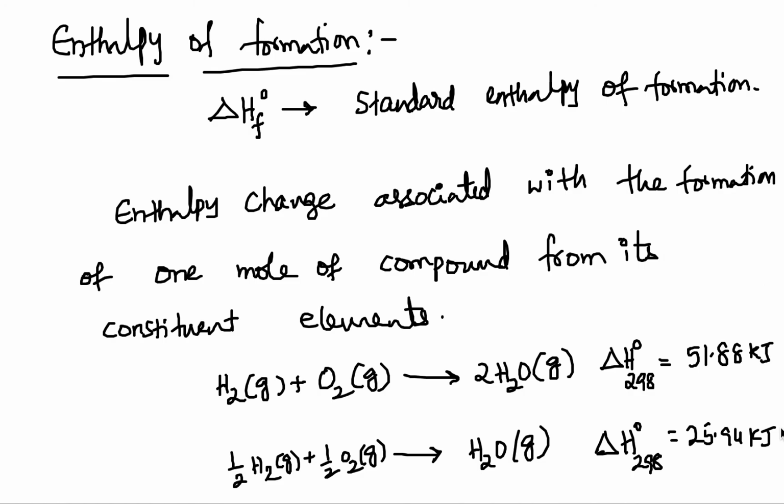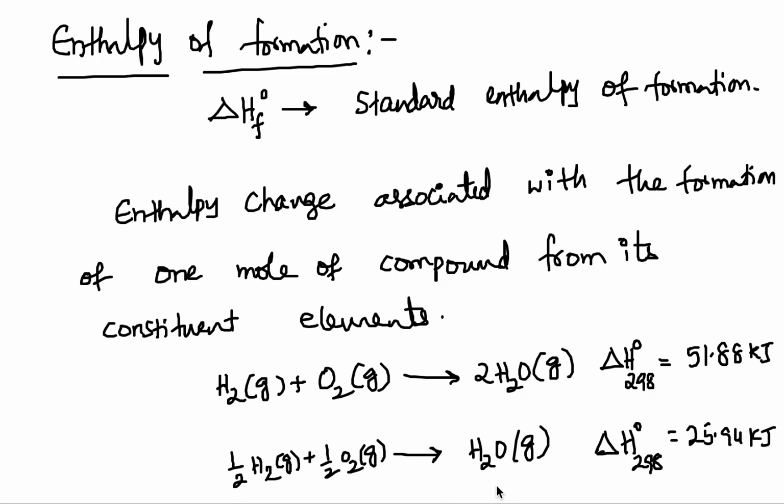And why is it 25.94? We must understand that enthalpy is a state property, and also it is an extensive property. If we use a greater mass of reactants, we get a greater mass of products and a greater amount of heat change. If we use less mass, less product will form and less heat change is associated with that small amount.